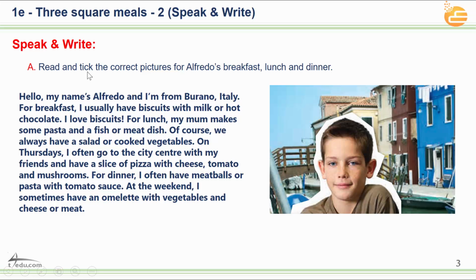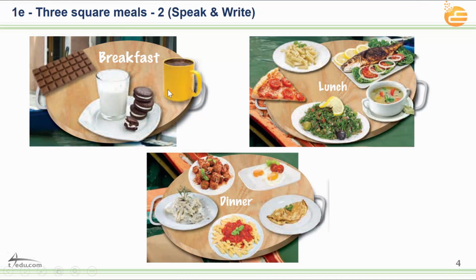So, where can we tick? On these three meals, okay? With the breakfast, we have 3 or 4 things. We will see exactly what Alfredo eats every morning. So, this is the breakfast that you eat every morning.